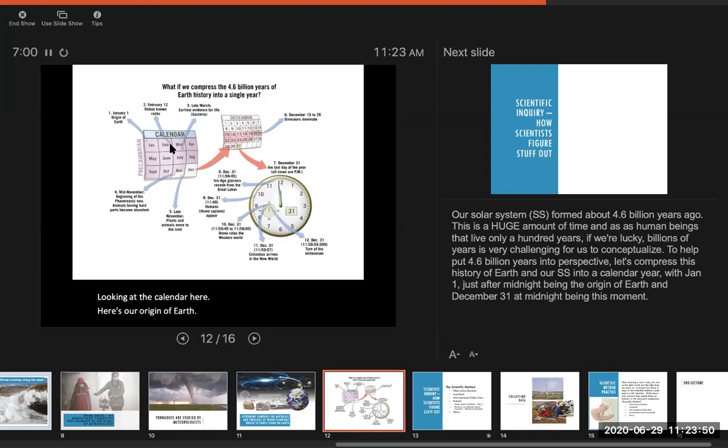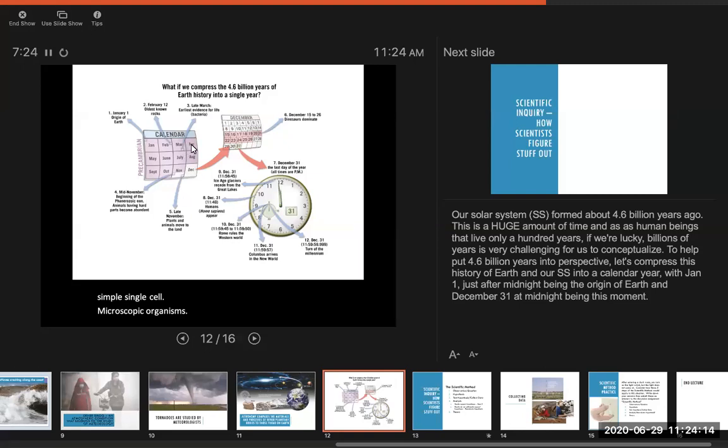We go to early mid-February, we have the oldest known rocks that exist on Earth's surface. Those are about 4 billion years old. The earliest evidence of any life doesn't show up until near the end of March. This would be simple single-cell microscopic organisms.